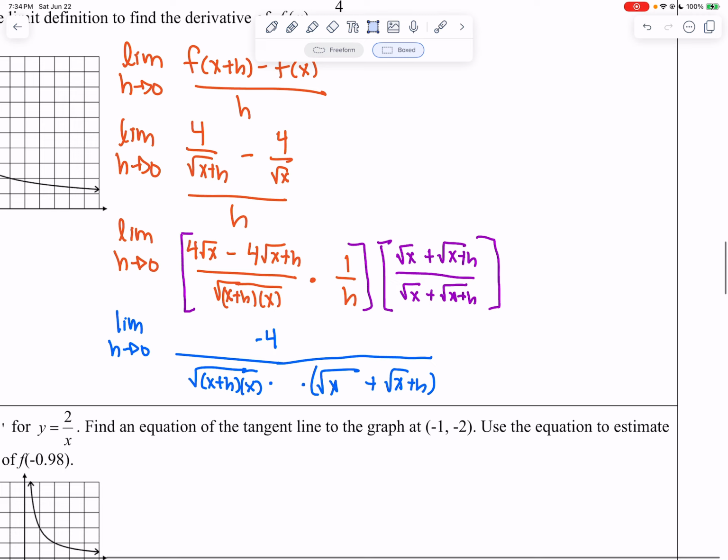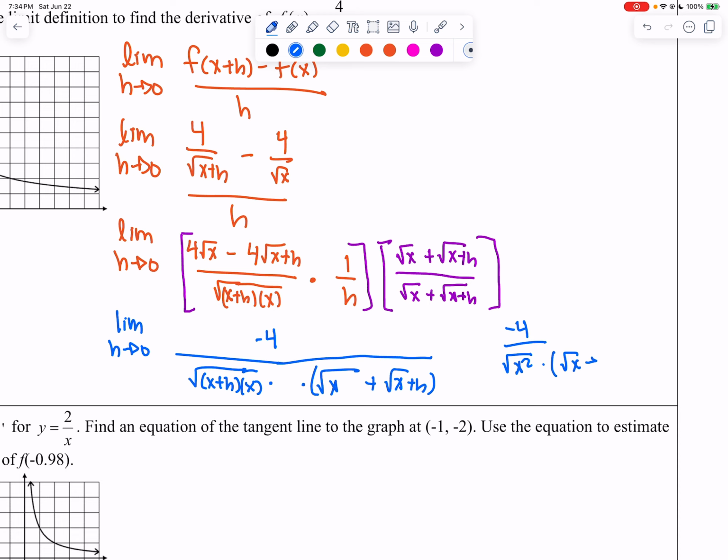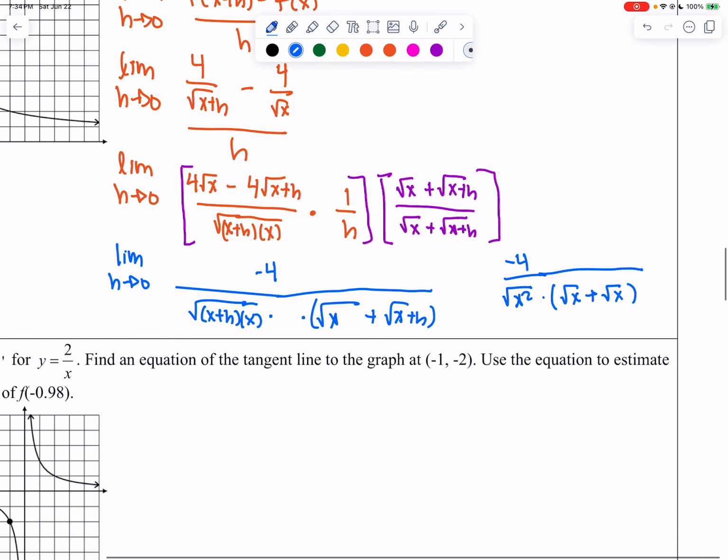Great. All right. Once we do that, I'm going to use direct substitution with h. So now if I do direct substitution, I get negative 4, the square root of x squared times the square root of x plus the square root of x. And if I were to simplify that, I'm going to get negative 4 over x.